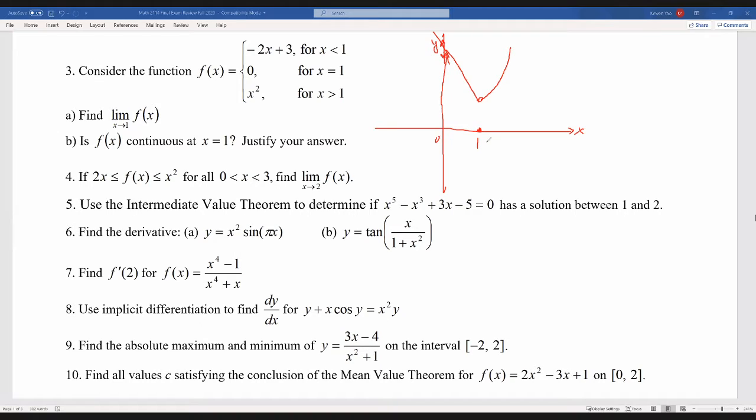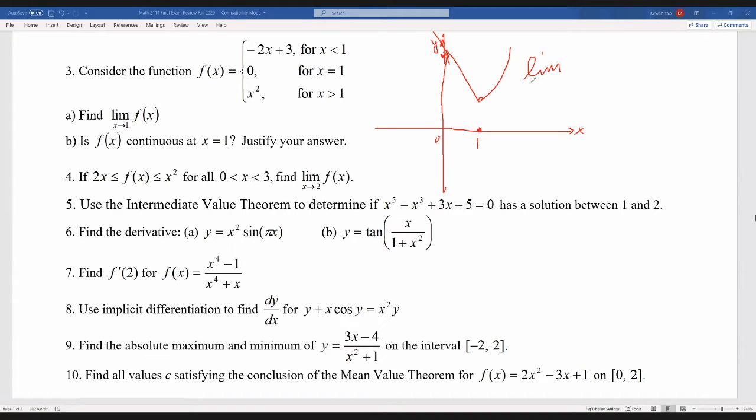Now please find part A. What's the limit of f(x) as x goes to 1? Look at the picture. What's the limit here? You have to show the work, right? Please write down, okay?